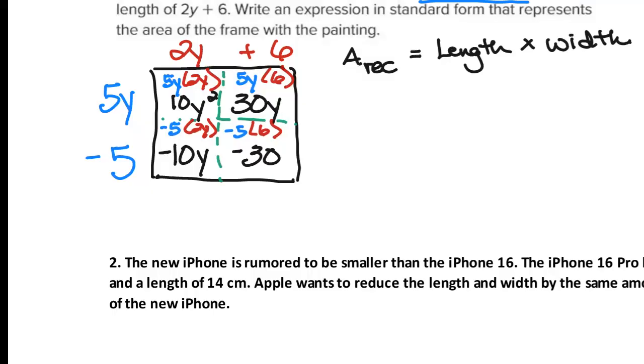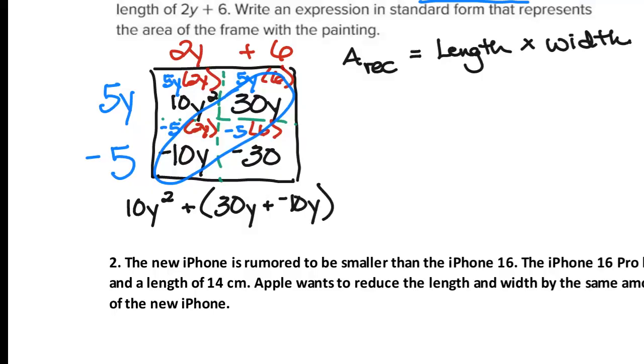Yeah, it's always going to be on the diagonals, right? We're looking at these numbers in black, okay? So 10y squared, that's the only y squared value I have, plus I have parentheses 30y plus a -10y, and the last one is -30.